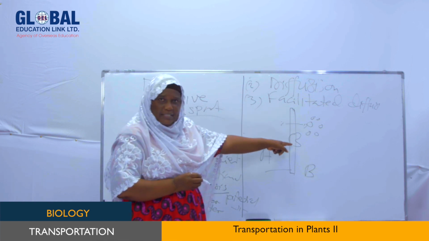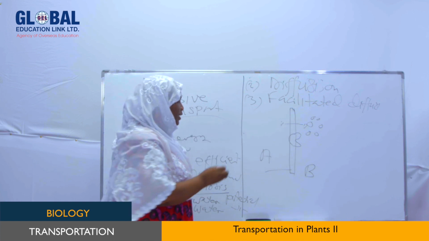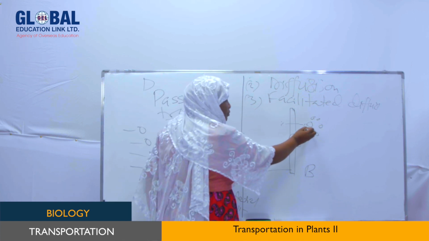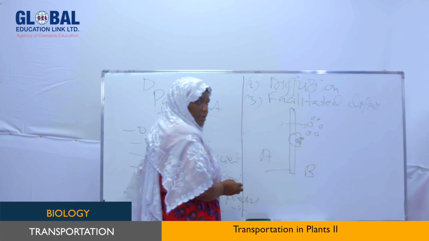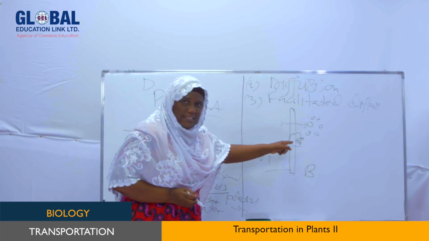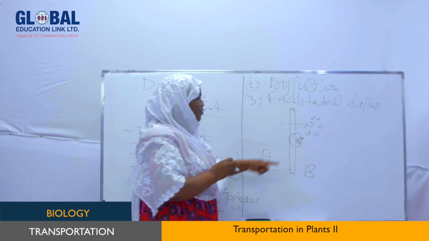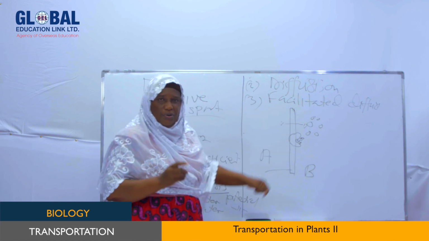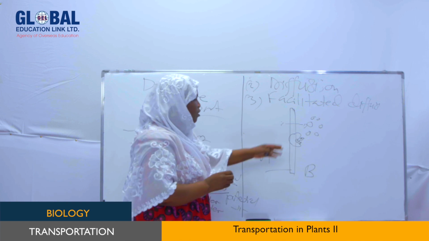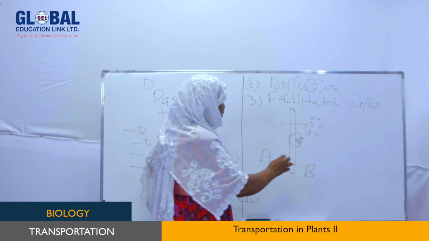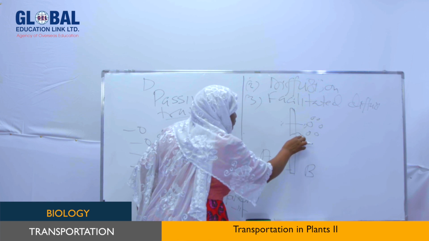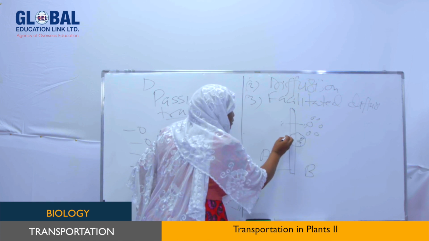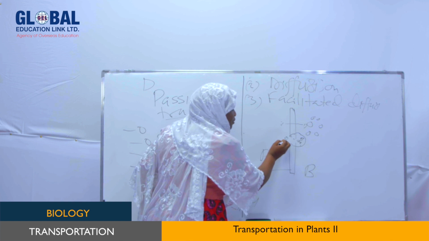When it appears in that shape, it attracts these molecules here. And when the molecules are attracted to this side, the shape of the carrier molecule changes. Instead of opening to that side, it now opens to this side.